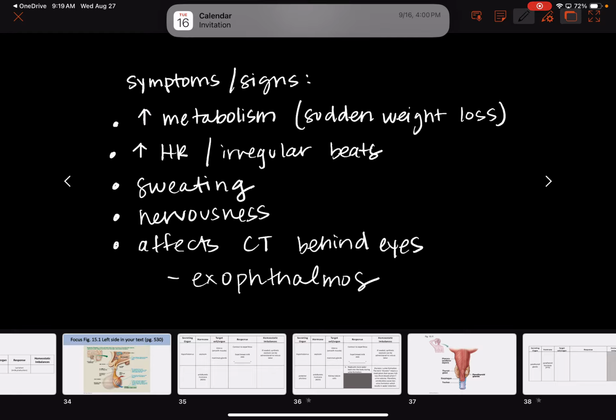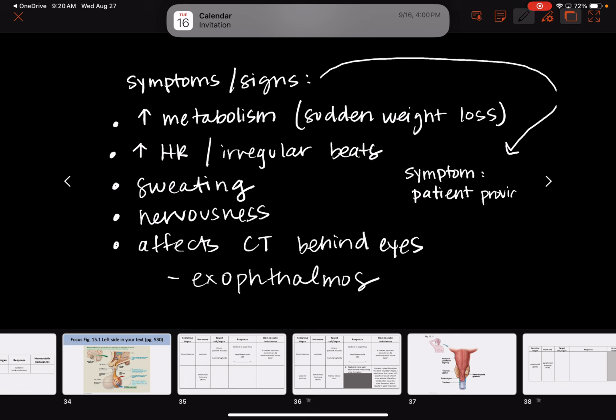And just so you know, there is a difference between a symptom and a sign, and you should know that. A symptom is something that is patient provided. So if a patient comes in and says, I have a headache, that's not something you can necessarily measure. I'm feeling fatigued, or I'm feeling nervous or anxious.